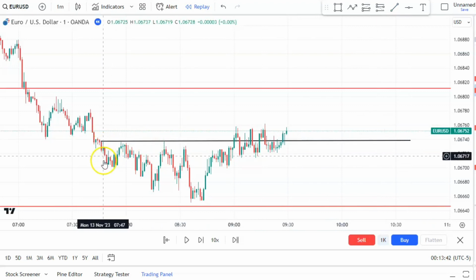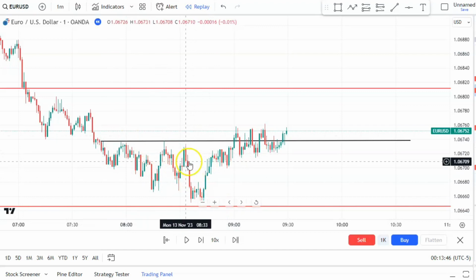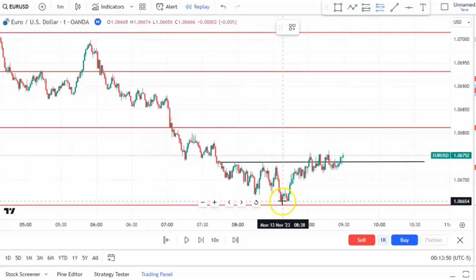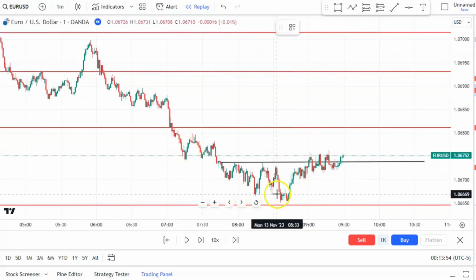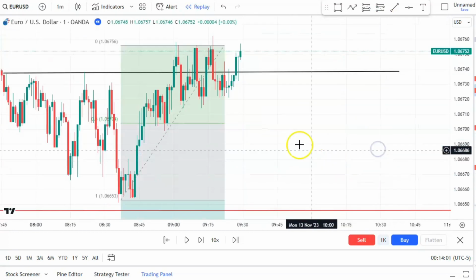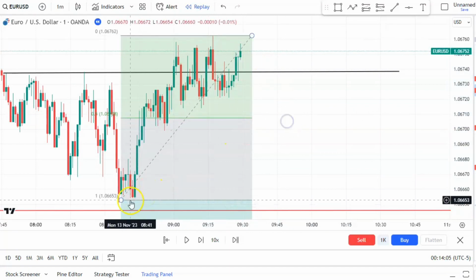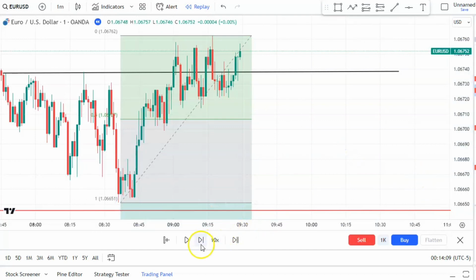So all these people who are selling at the low, all these people are underwater now. So I'm looking at, okay, we have trapped volume at the low. So why don't we wait for price to come back to the 50% to see what happens?